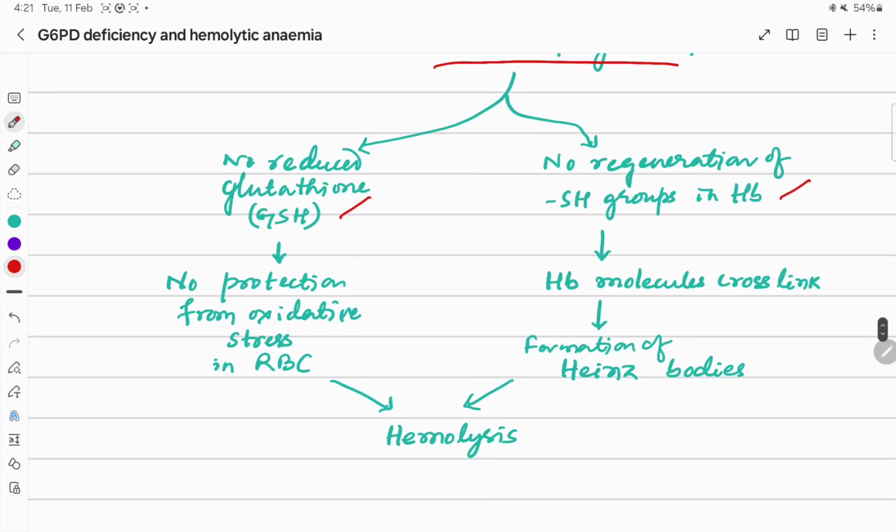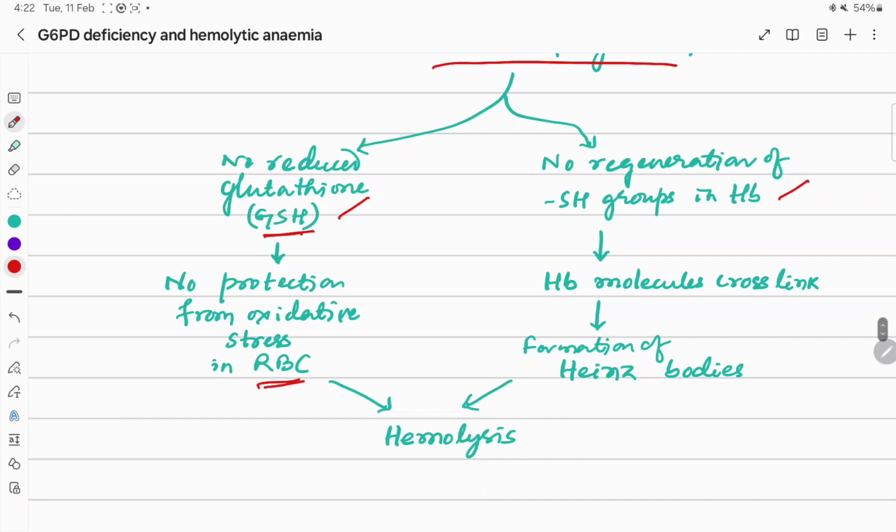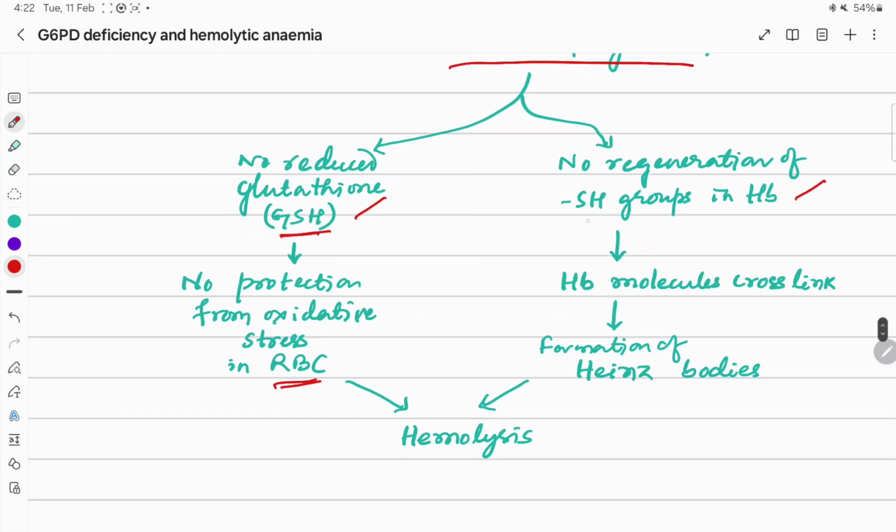So since glutathione is the antioxidant, there is no protection from oxidative stress in red blood cells, and since there are no SH groups in hemoglobin, the hemoglobin molecules cross-link forming Heinz bodies, and all this results in hemolysis.